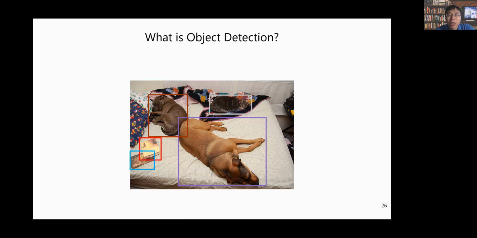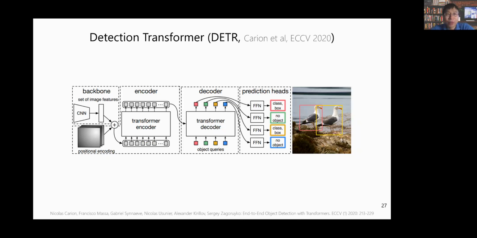Our method will improve the DETR approach. The DETR approach was published in last year's ECCV. This DETR approach applies a transformer encoder and decoder with the Hungarian matching method for an end-to-end object detection approach.